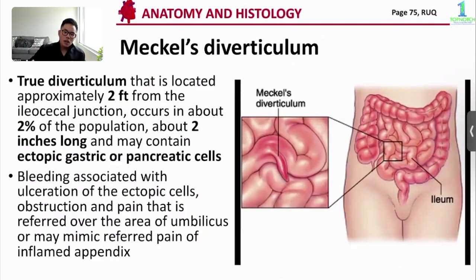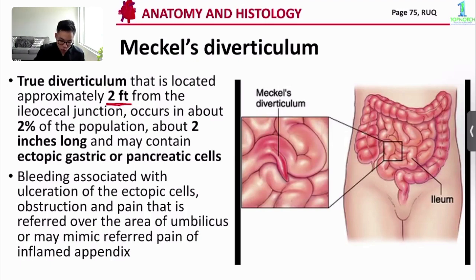Now, talking about the types of diverticulum, we also have your Meckel's diverticulum. The Meckel's diverticulum is a very famous true diverticulum, mainly because it involves all the layers, and there's a very good mnemonic to it, which is highlighted here for us to learn. It's 2 feet from the ileocecal junction.